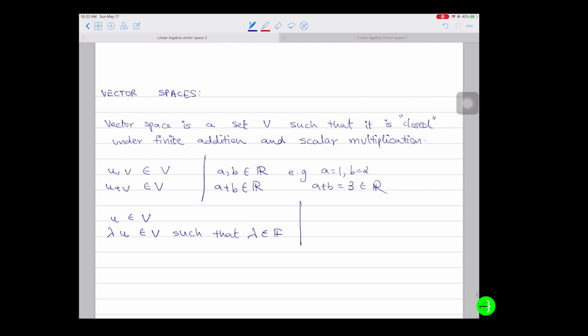Again, giving an analogy with real numbers, if we have a in the real numbers and we have a lambda such as 1 which belongs in F, then we know that lambda times a also belongs to real numbers. So this is what closed means: if you add two elements of the set, then that sum is also a part of the set, and if you do any scalar multiplication on an element of the set, the resulting multiplication is also a part of the set.